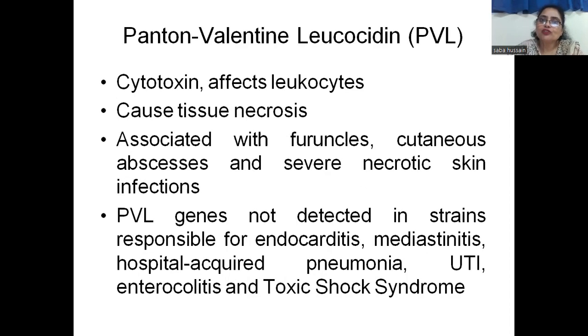So this was about leukocidins, and one of them is Panton-Valentine leucocidin. As the name indicates, it kills leukocytes and causes tissue necrosis. It is associated with formation of furuncles, cutaneous abscesses, and severe necrotic skin infections.